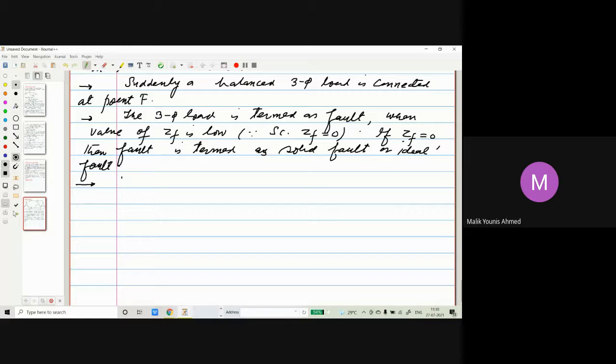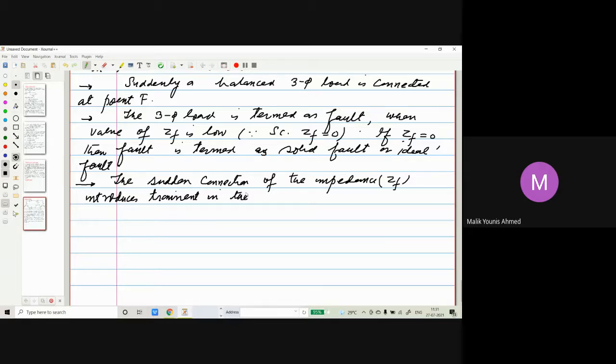So the sudden connection of the impedance ZF introduces a transient in the system.